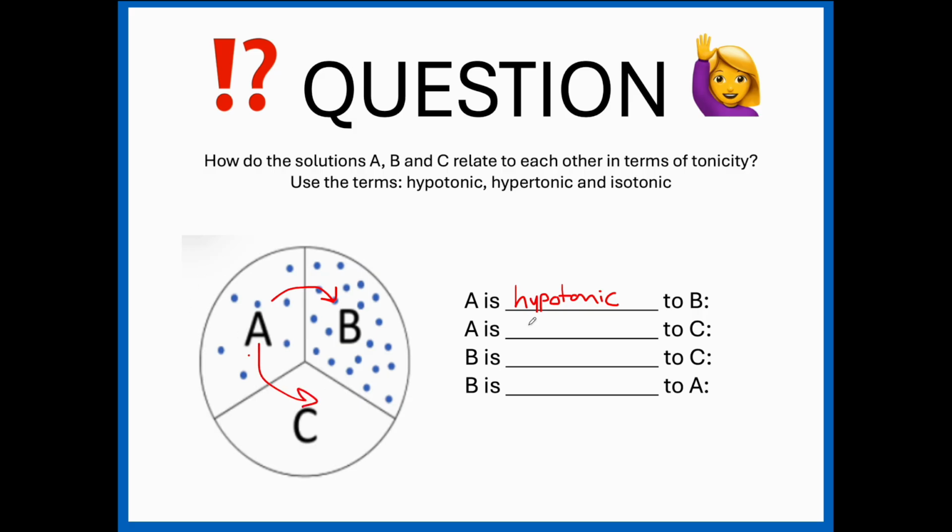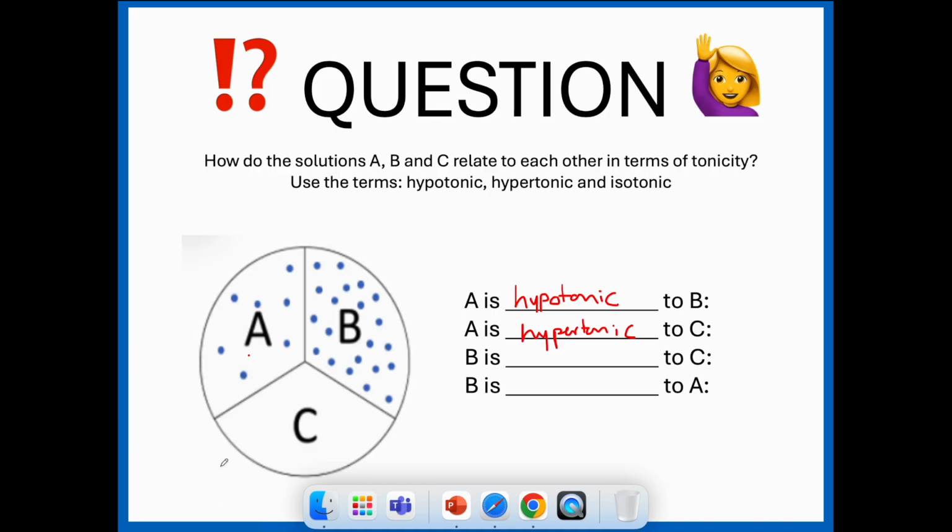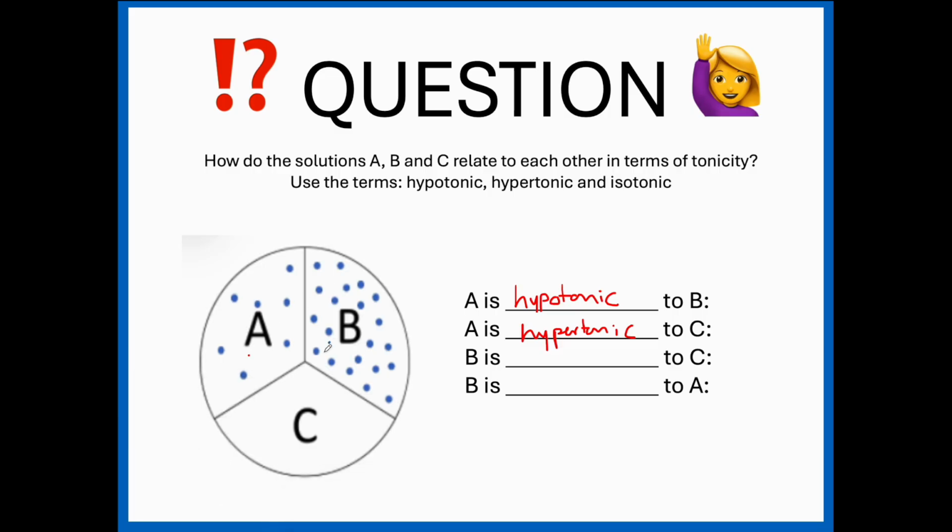So A is actually hypertonic compared to C. C has absolutely no solutes, right? So that would be A is hypertonic to C. Now, B, right? Let's go to our B. B compared to C, B is hypertonic compared to C because it has more, right? So hypertonic.